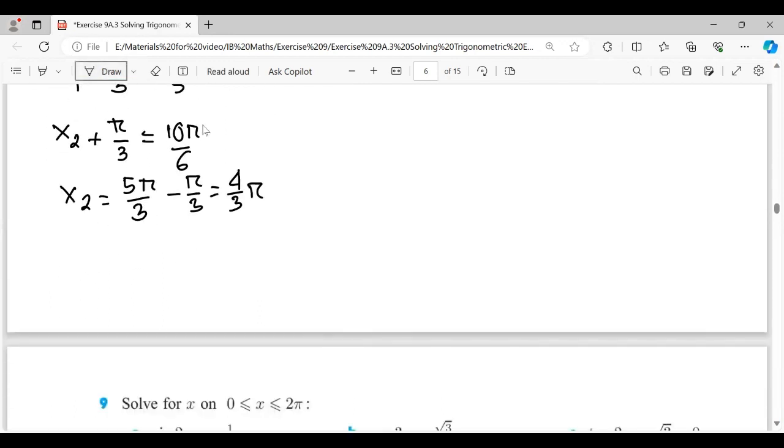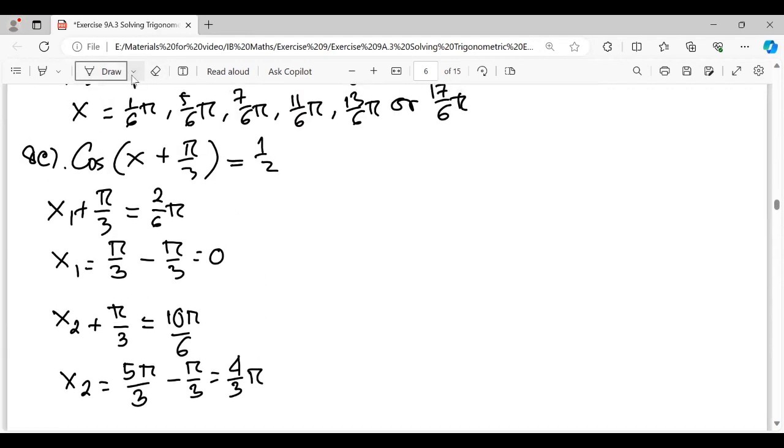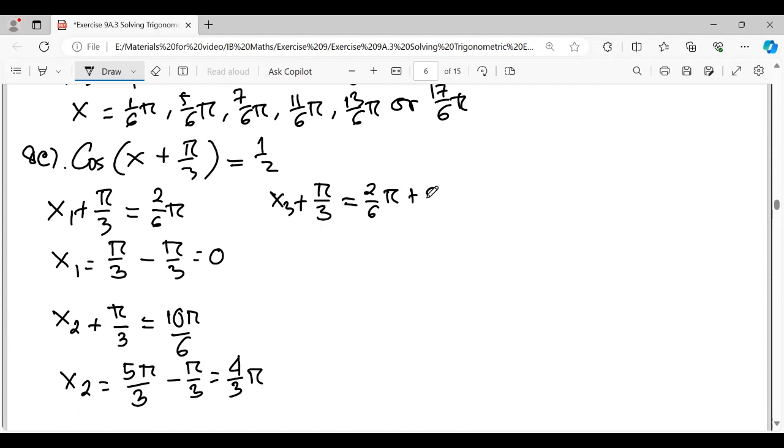Okay, x3. X3 plus pi third equals pi over 3 plus 2 pi.